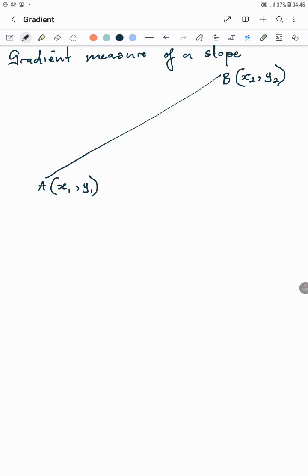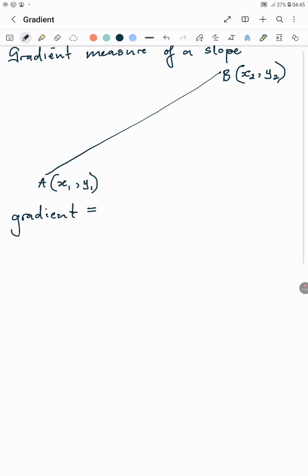So the formula for our gradient will be equal to y2 minus y1 over x2 minus x1.